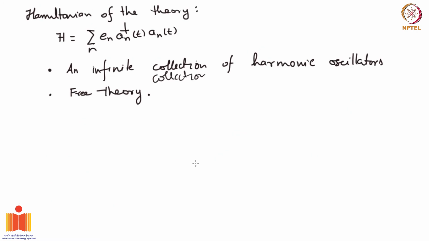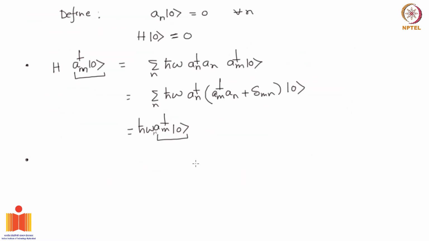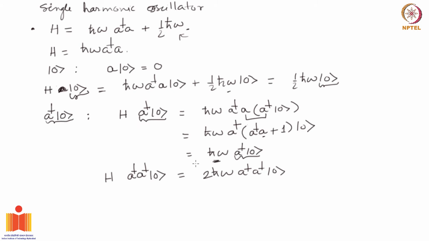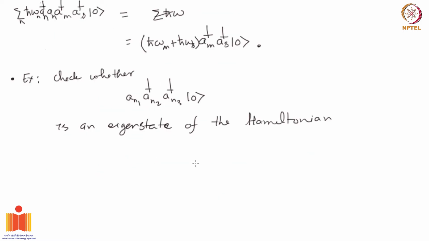So somehow I missed writing that. The a daggers commute with themselves. Even for one particular oscillator, the a daggers commute, the a's also commute, and a and a dagger anyway do not commute. They commute only when they belong to different oscillators.